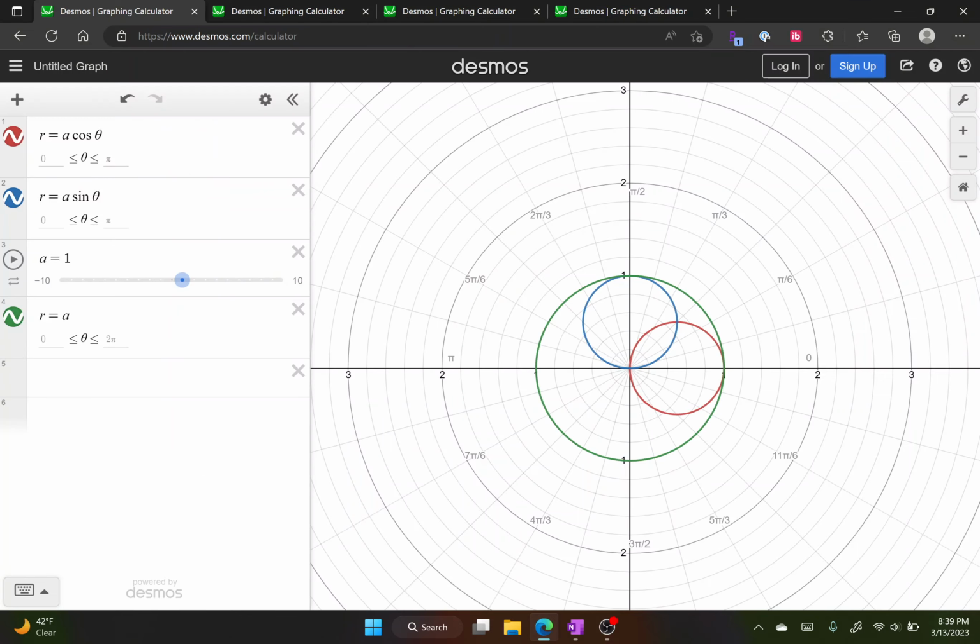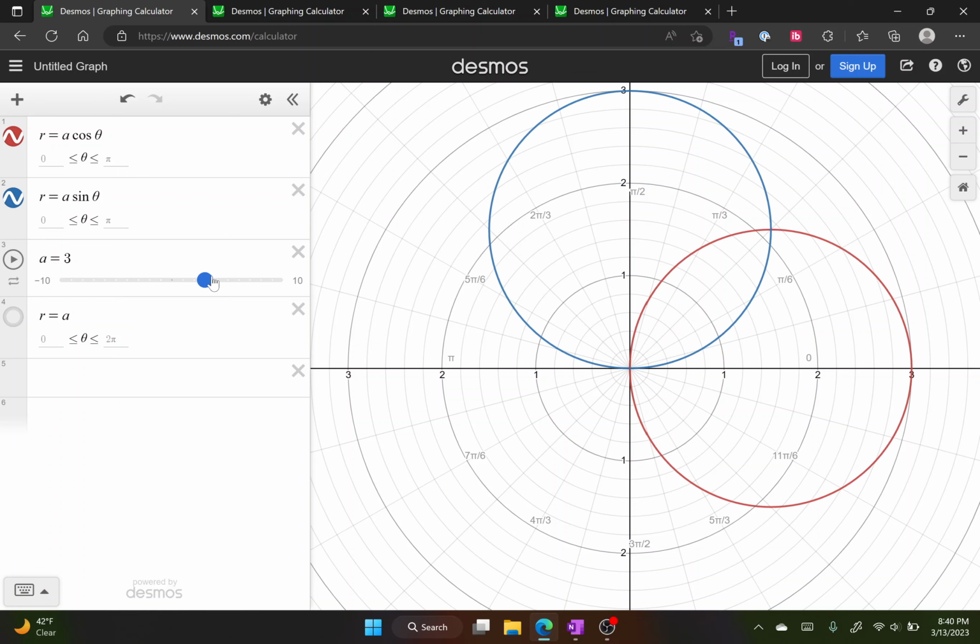So let's take a look on Desmos at what those look like. We have r is equal to a cosine theta or sine theta. It is going to be a circle with a diameter of this a value.